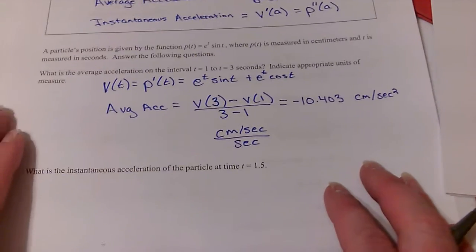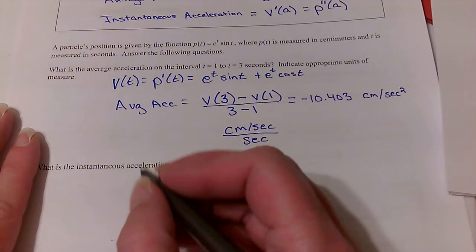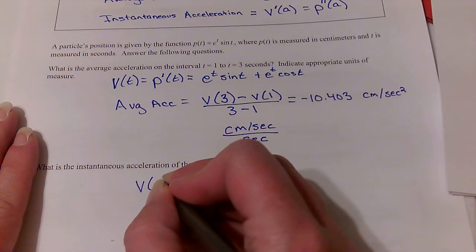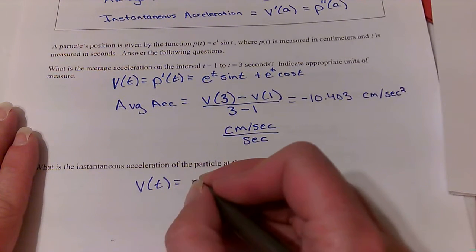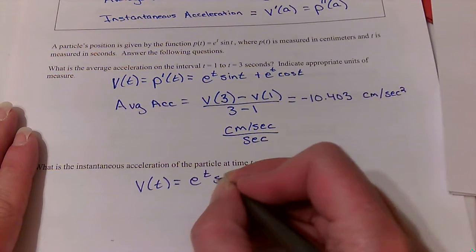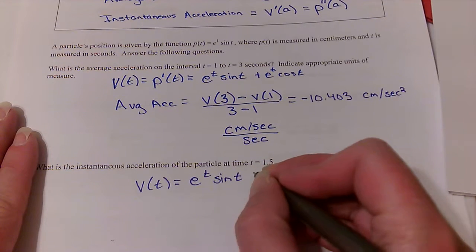So instantaneous acceleration. Well, we have our velocity function, which was the derivative of position.